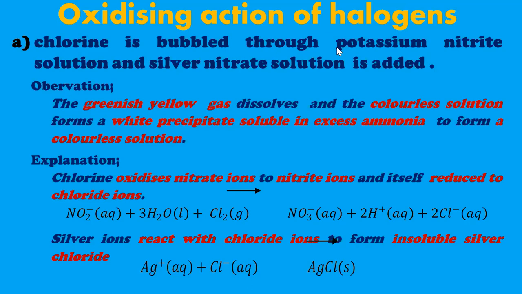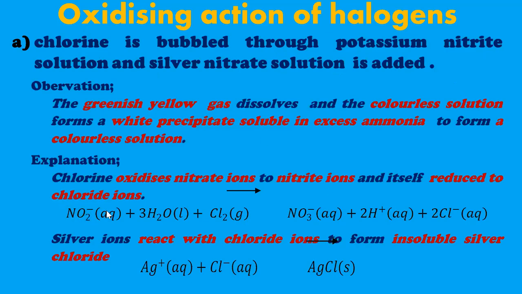We shall emphasize how to derive the redox reactions from these half cell reactions. What we need from the potassium nitrite is nitrite ions alone. It is these nitrite ions that are going to react with the chlorine in presence of water, forming chloride ions and nitrate ions, as you see here.